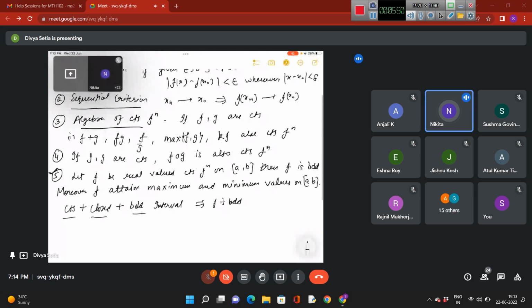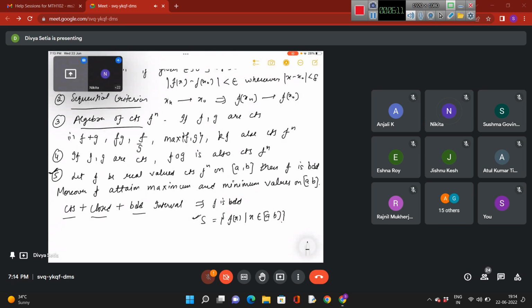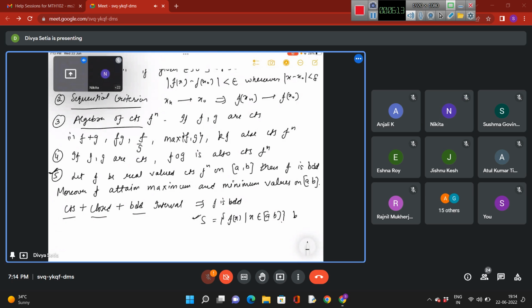Yes, Nikita. F is bounded means the image set is bounded. This set f of x, where x belongs to [a,b], is a bounded set.